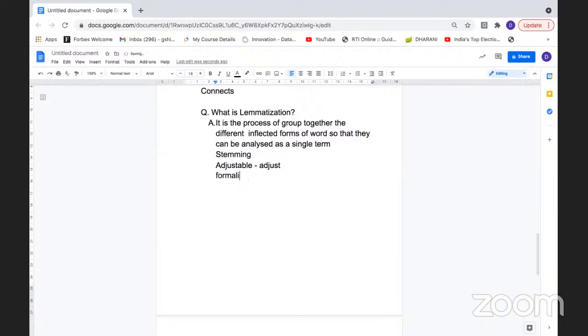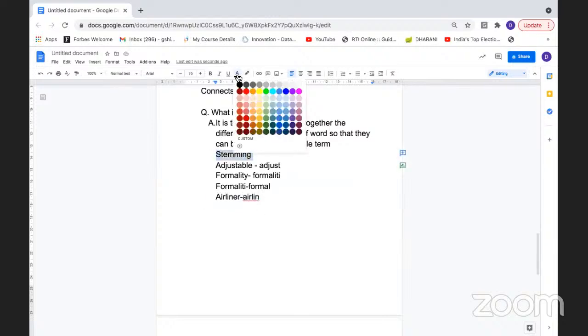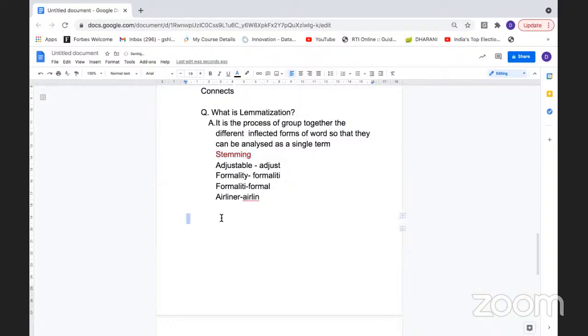Suppose you have formality, it will go to formal, right? If you have airliner, the er should go, so you get airlin. This is what is happening in stemming, right? But what happens here when you talk about lemmatization?